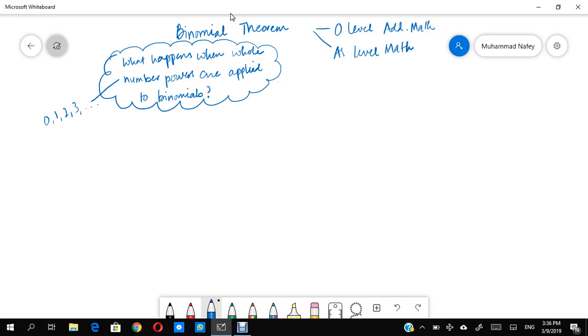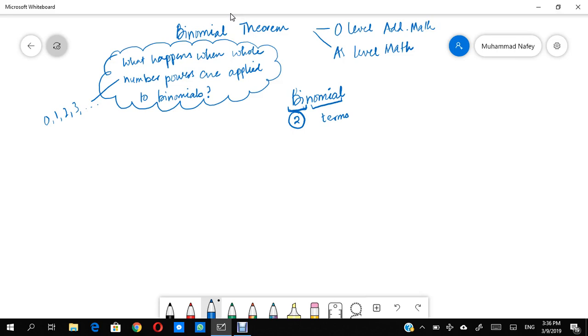So now the first thing, what exactly is a binomial? Well, the word bi refers to 2 and nomial refers to terms. So any mathematical expression that contains 2 terms is referred to as a binomial.